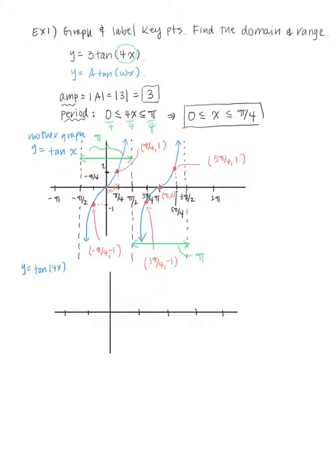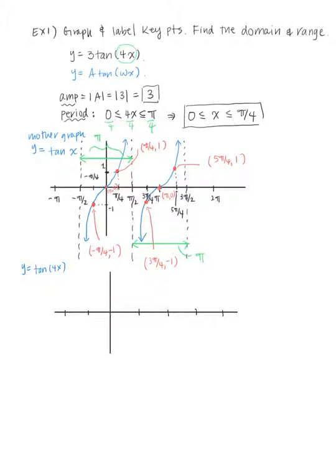If I multiply that by 3, all the key points are going to shift upward or downward 3 units, and that's all. Since the period is now pi over 4, wherever the pi was, that's going to become pi over 4.